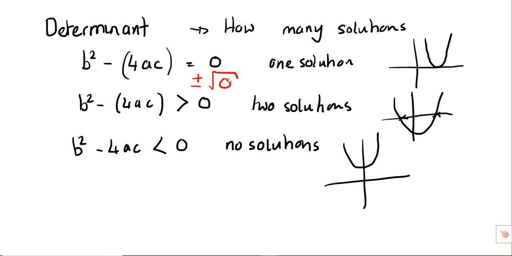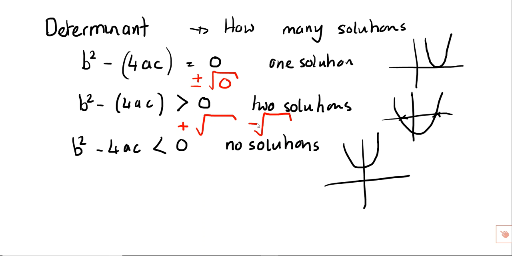So we only get the one solution. Plus 0, minus 0. If it's greater than 0, that's when we're doing the square root of a positive number, which will have a positive solution and it will also have a negative solution. So you have minus b plus something and minus b subtract something, and you'll get two different answers.